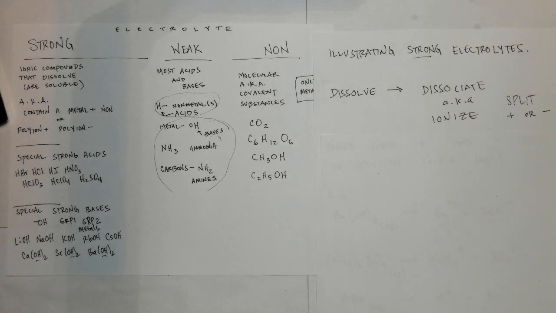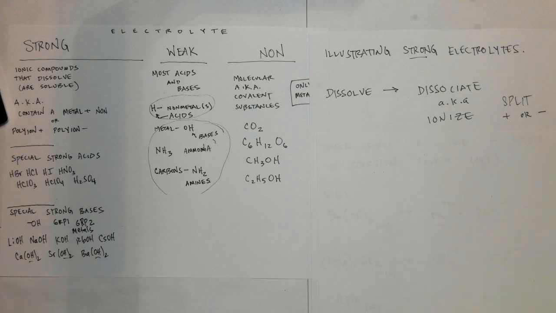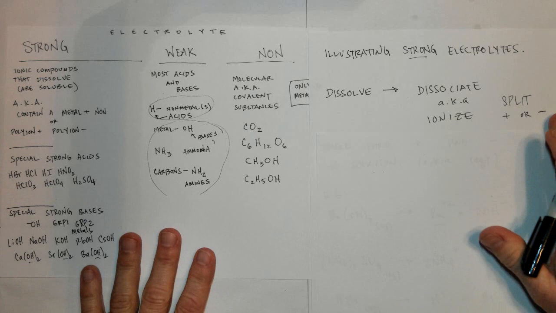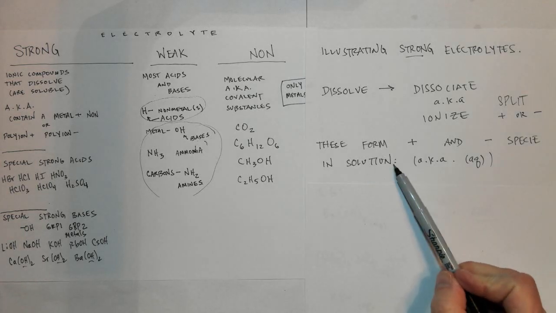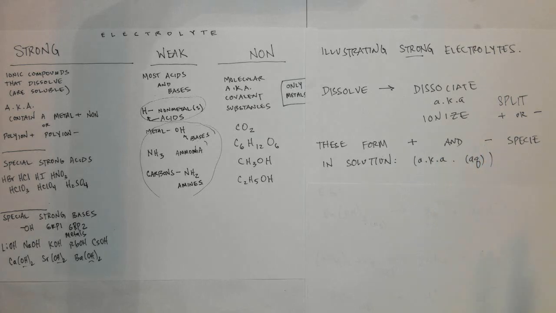And if you remember back from last video cast, we said that things that break up into their positive or negative pieces are strong electrolytes and good conductors of electricity. And that's what these guys are right here. These form positive and negative species in solution, and they're also known as aqueous solution formed positive or negative cations or anions.